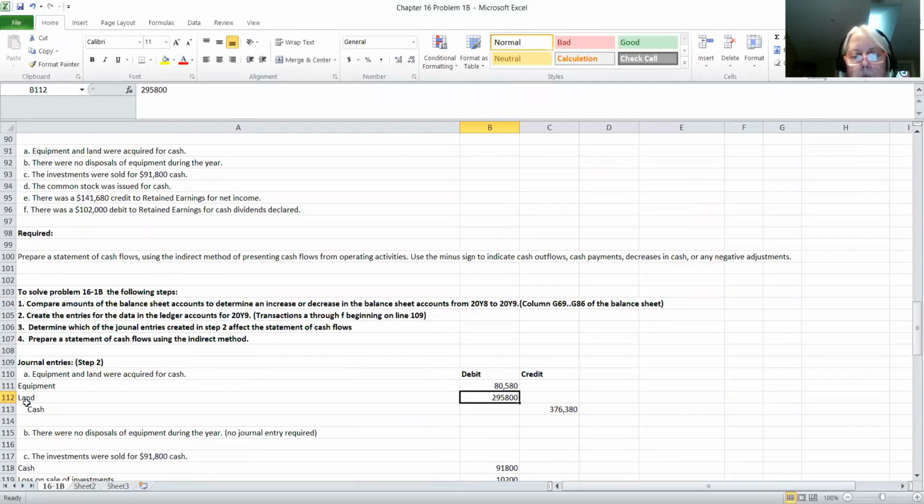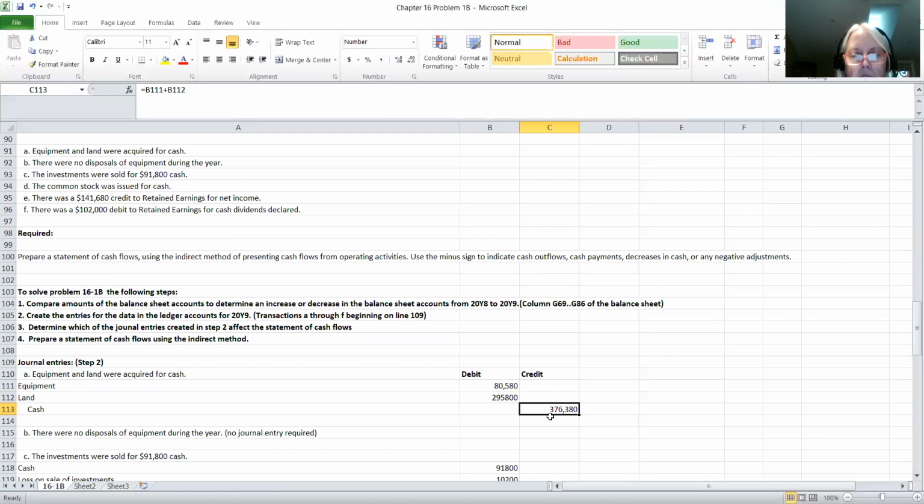So my land would have been debited for $295,800. Because we bought the equipment and the land, we paid cash for it. It says we acquired it for cash. Our cash has decreased by $376,380. This is the part that we're going to need to prepare our statement of cash flow.